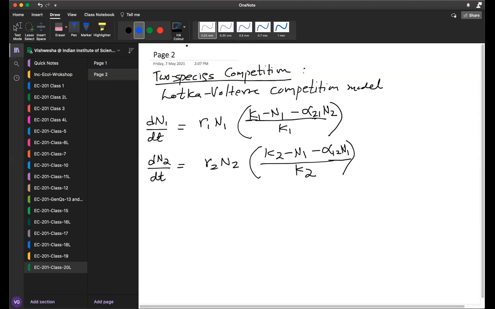I'm sorry, I made a mistake here. This is N2. So this term captures the intra-specific competition, and this term captures the interspecific competition. Maybe I should use different colors.